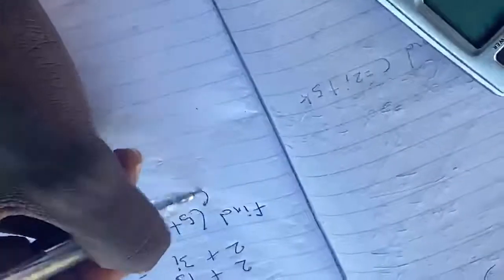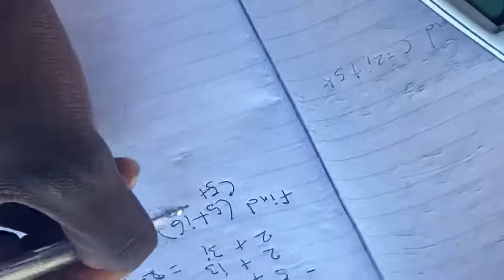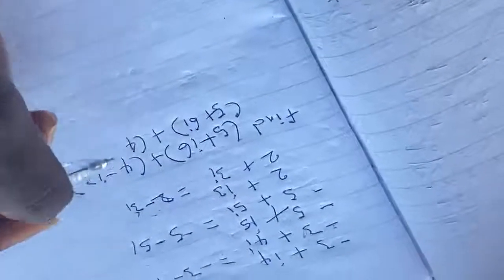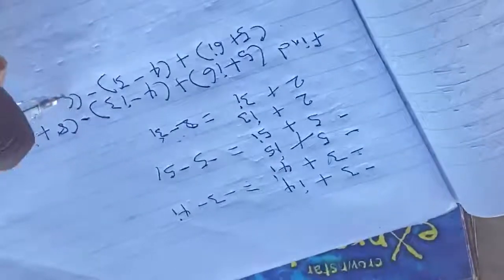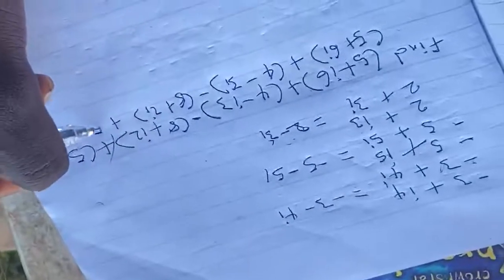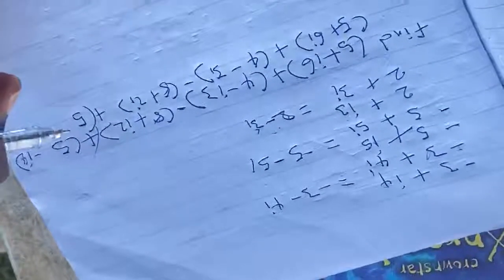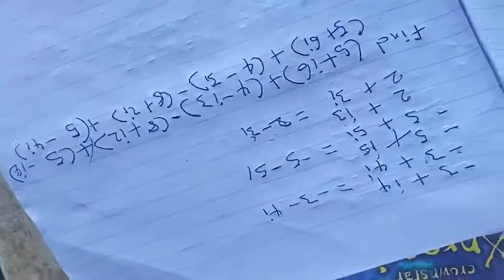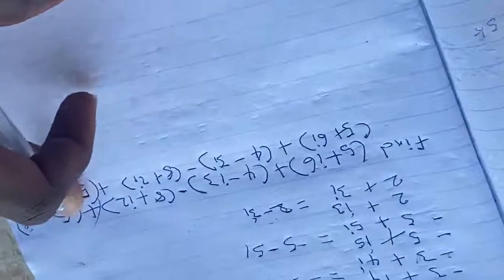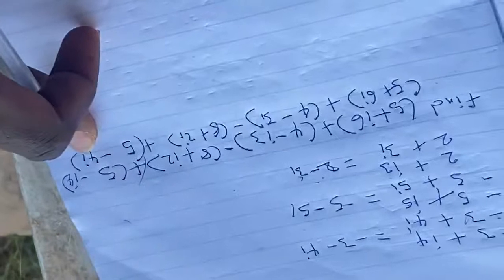So you rewrite it: (5 + 6i) + (4 - 3i) - (8 + 2i) + (5 - 4i). Now this way your question is correct.